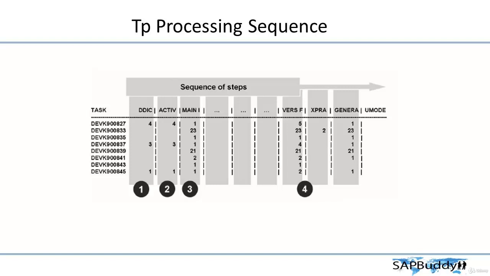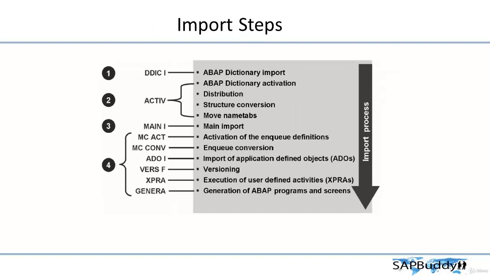For example, if you detect an error in the object that has already been released, you correct the object and release it again. Meaning to say, you had a program and you found some errors in the quality system, but you went back to the development system, fixed it, created a second version, and also released the second version.